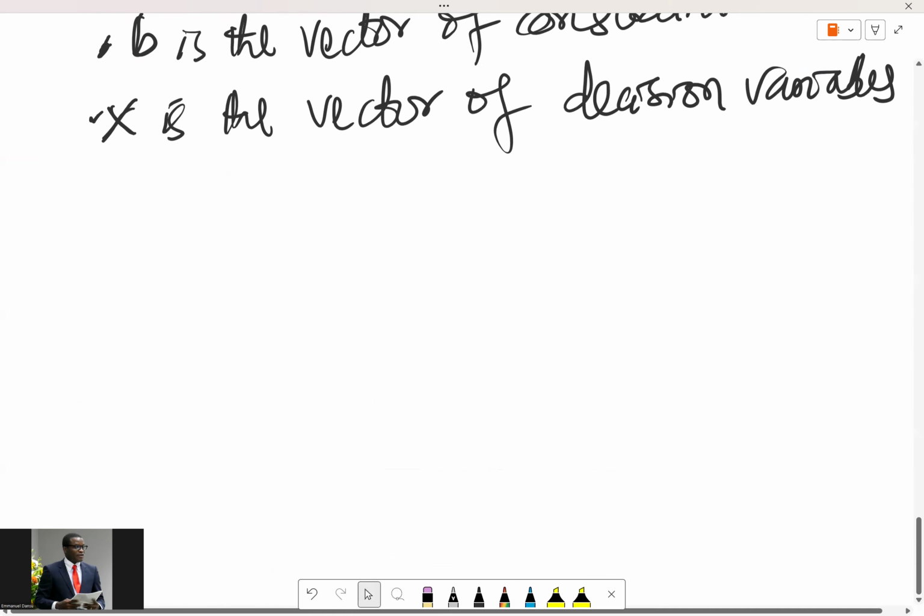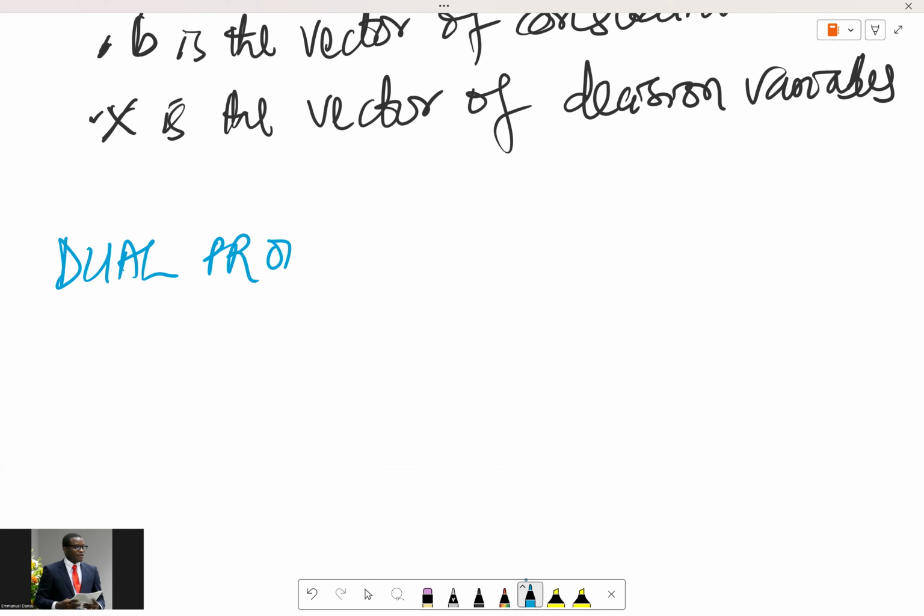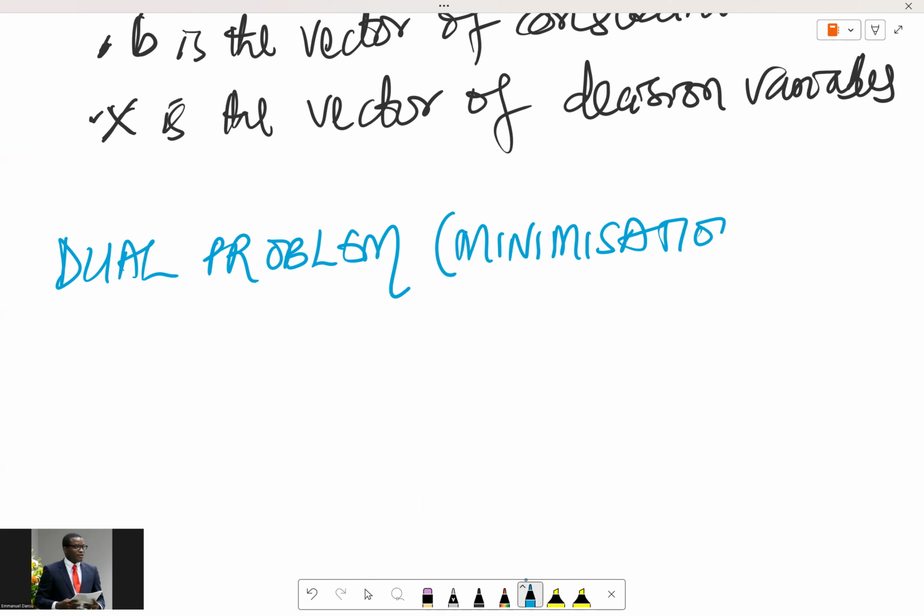Now let's look at the corresponding dual problem. Since the primal problem is in maximization form, the dual problem will have to be in minimization form.